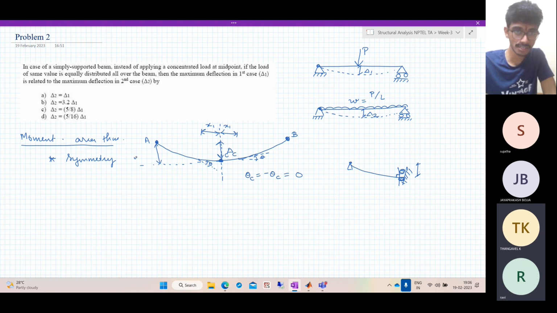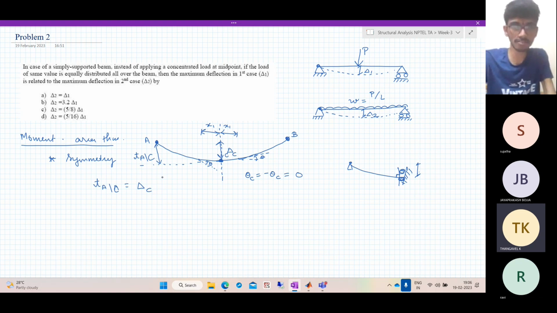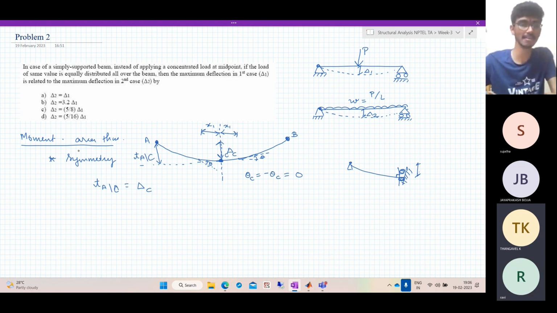This by definition is the tangential deviation of the point A with respect to a tangent drawn at C. So because of symmetry and other conditions, we get T of A with respect to C is equal to delta C. So this is a great simplification. So we can directly go ahead and find delta 1 and delta 2 in one step.